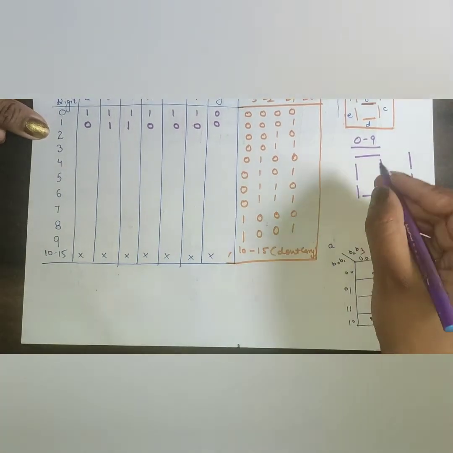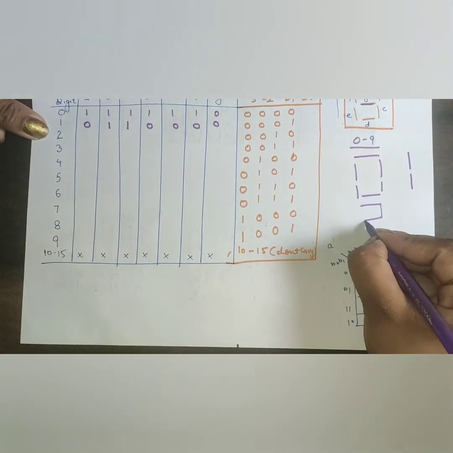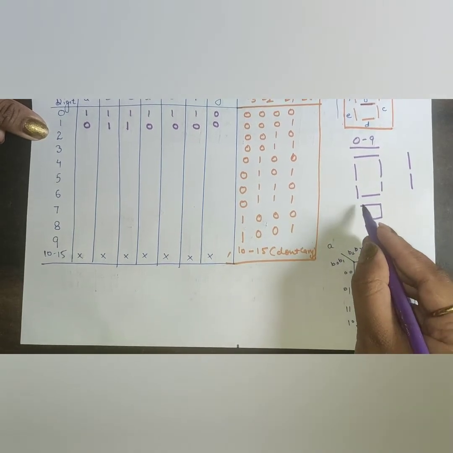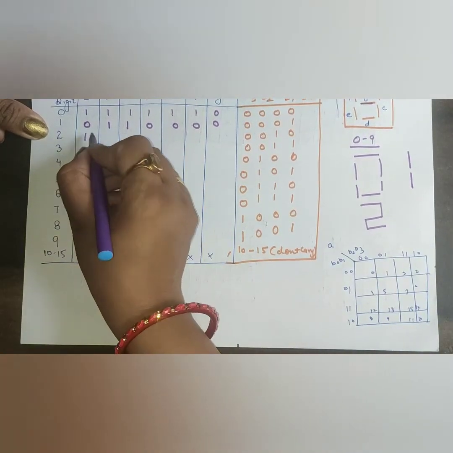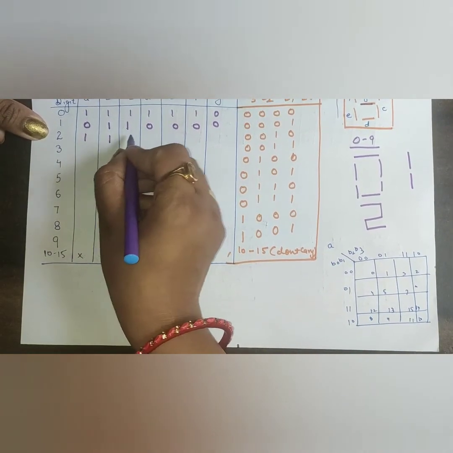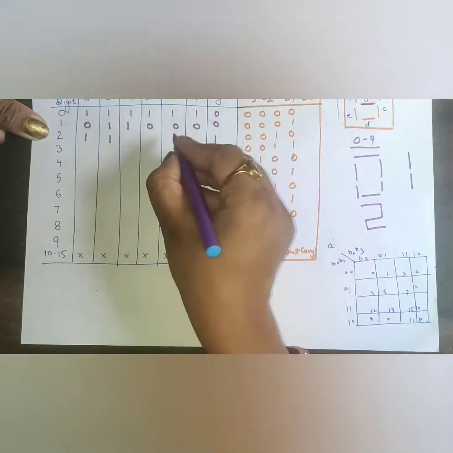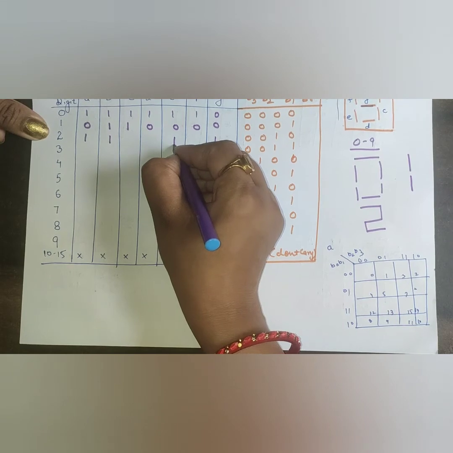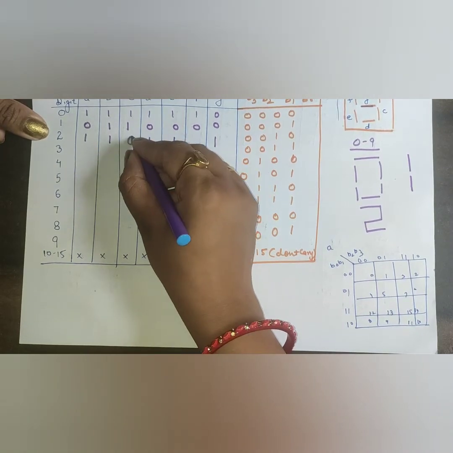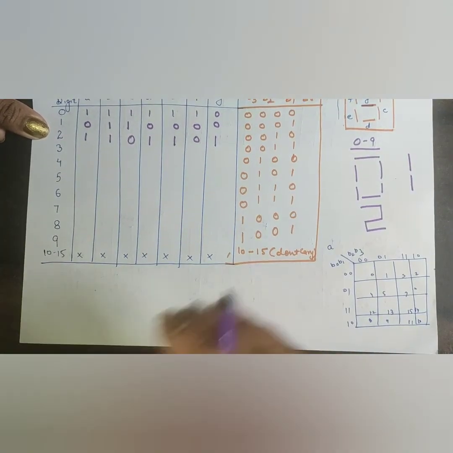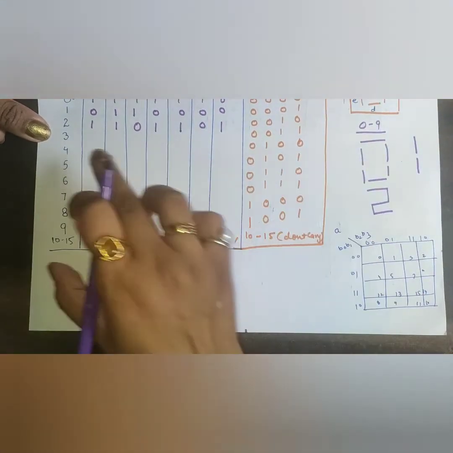Now 2 can be shown like this: A, B, G, E and D are 1, and the others are 0. These are the binary equivalents of each digit.